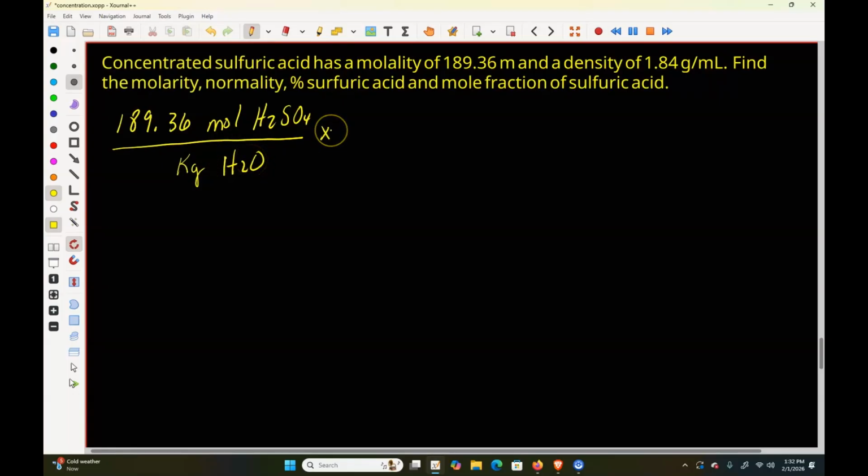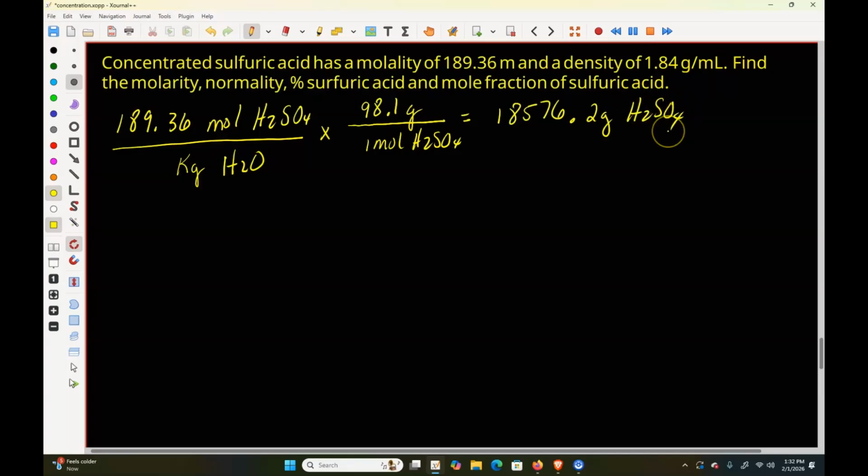Let's go ahead and convert that into grams of H2SO4. I know that 98.1 grams is the molar mass of H2SO4. That's going to give me 18576.2 grams H2SO4.